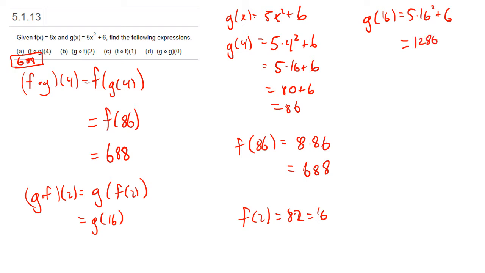Let me quickly double check that. 256 times 5, I would do 5 times 6 is 30, carry the 3, 25, 8. Yes, 1,280. Then I need to add the 6, of course, so we end up with 1,286 for g of 16. So that's part B. 1,286 is g of f of 2.